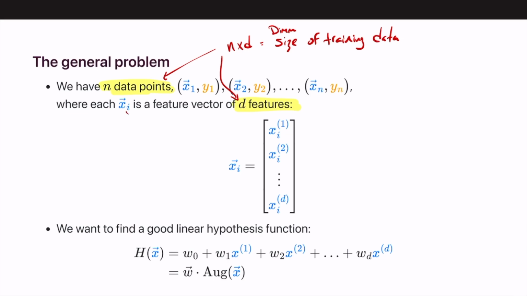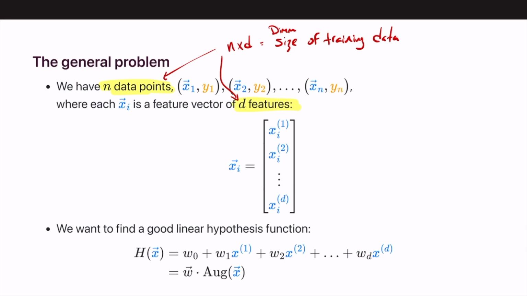The number of feature vectors that we're going to have is equal to the number of training examples that we have. So in this case, this is one feature vector, and this encapsulates all of the x's for that training example, an x for each of our features.